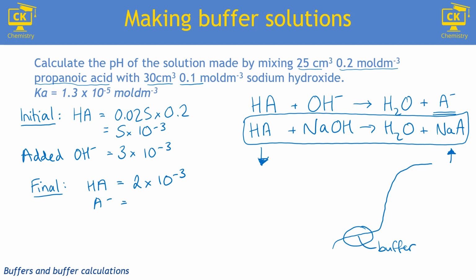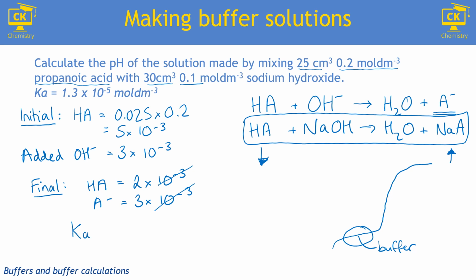Just like in the previous equations, we assumed that, like the mass of sodium ethanoate, it was all the moles of A-, and that there wasn't really any moles of A- in the solution to start with, which is an accurate assumption because it dissociates so little that there's hardly anything in there. So all of my sodium hydroxide is going to react with HA to make A-. So I've got 3 times 10 to the minus 3 moles there. Beautiful, we can get rid of that 10 to the minus 3, forget about it.